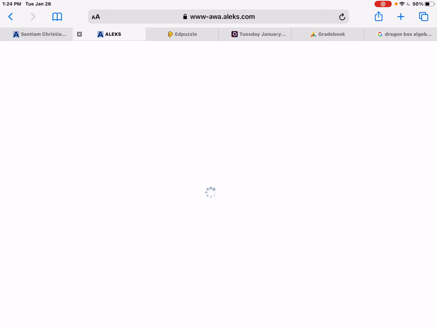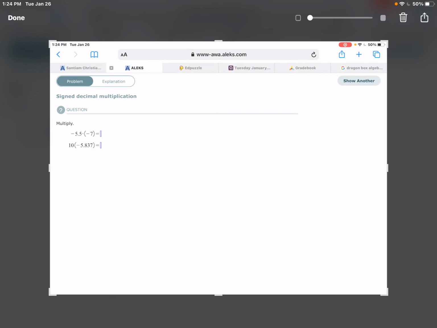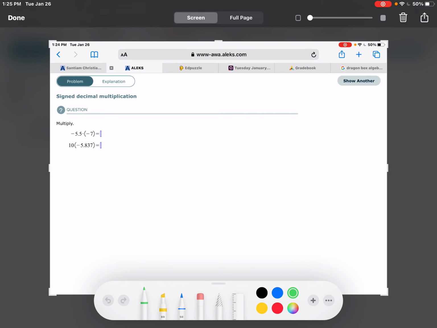Show another. All right. In this case, in the first one, I have negative 5.5 times negative 7. That is a negative times a negative, so I'm going to have a positive answer. I don't even need to pay attention to the negatives now. I have 5.5 times 7, so I need to figure out what that multiplication is. 5 times 7 is 35.